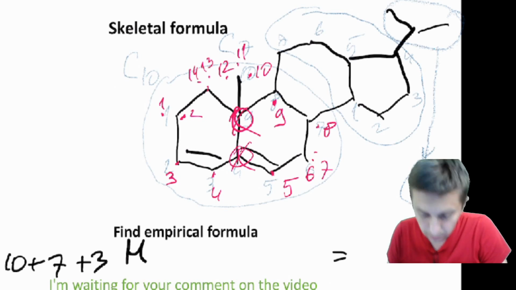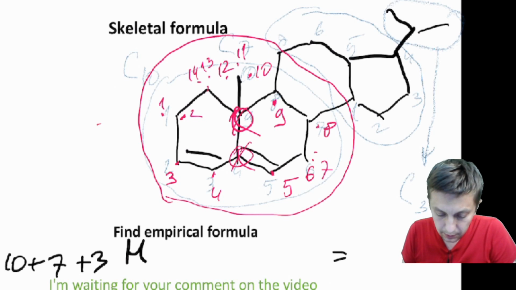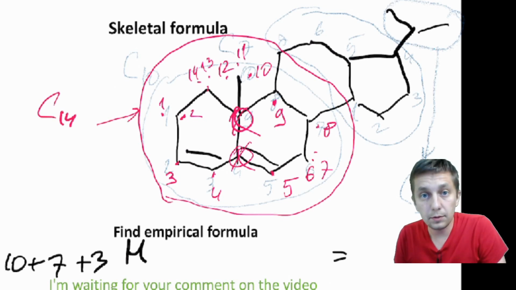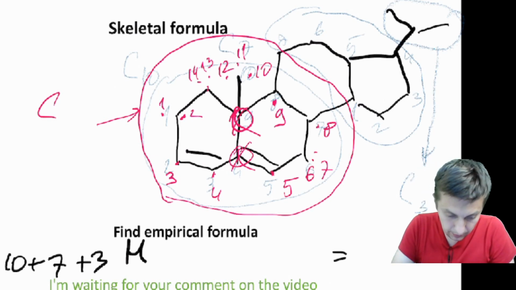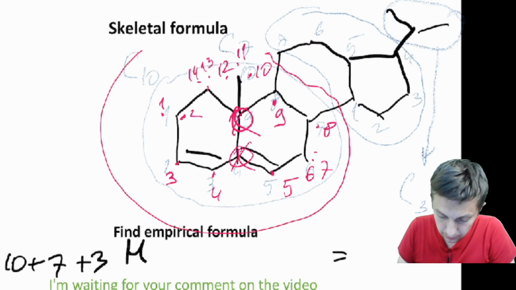So in all these fragments we count C14. It's too many. One moment, I will make a not very successful loop. H14.